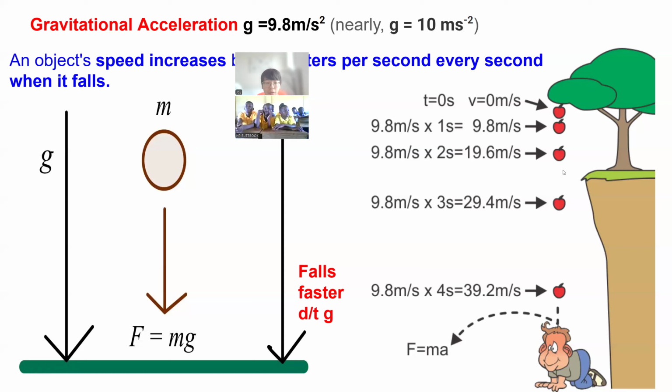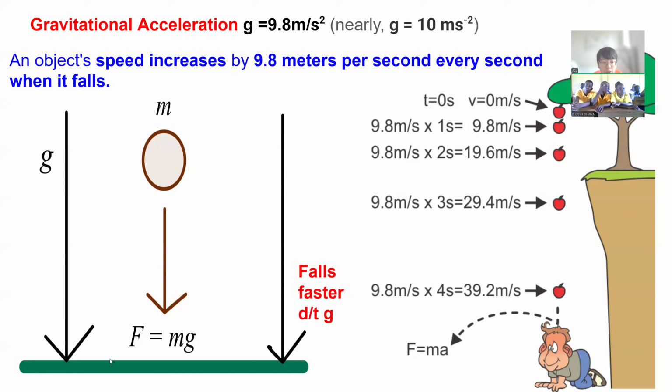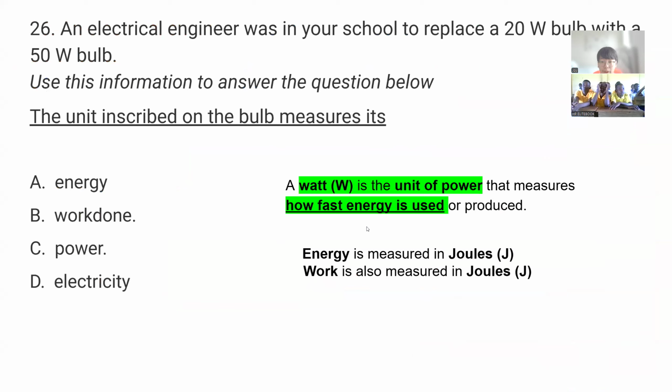It's falling down faster and faster. And you can also find the force of an object by multiplying the mass by the gravitational acceleration. So far, you just need to know the concepts.